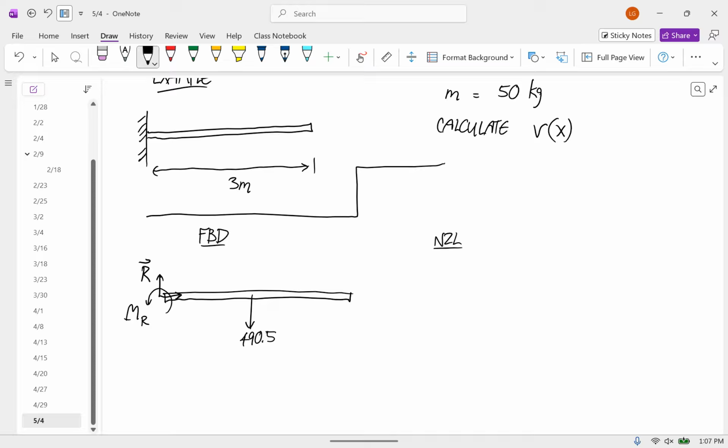Newton's second law says Rx, Ry plus 0, negative 490.5 is equal to zeros. And so R is equal to 0, positive 490.5.